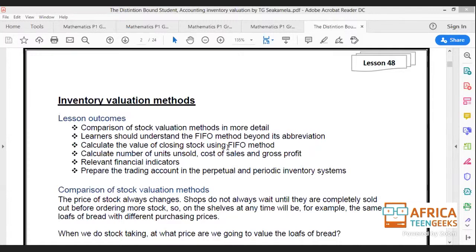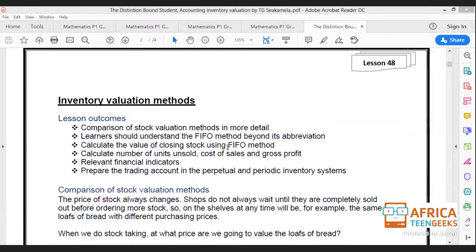The one that is expiring on the 5th of June will always sit at the back. Because what is the seller saying to you? The first stock that he bought first must be the first stock that is sold first. So that's what first in, first out stands for, your FIFO method.